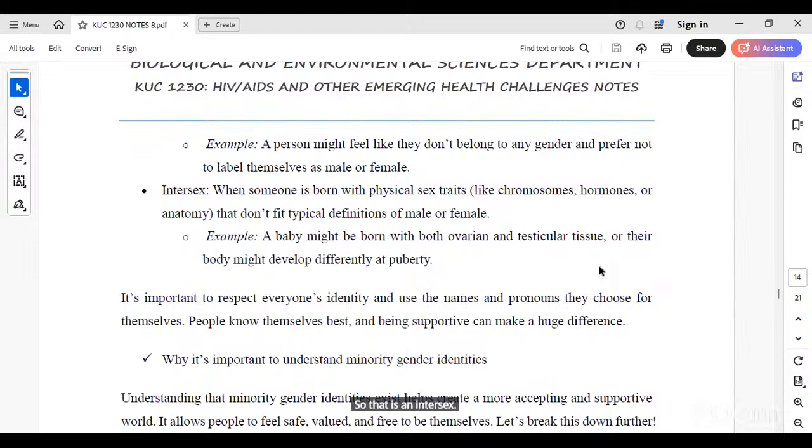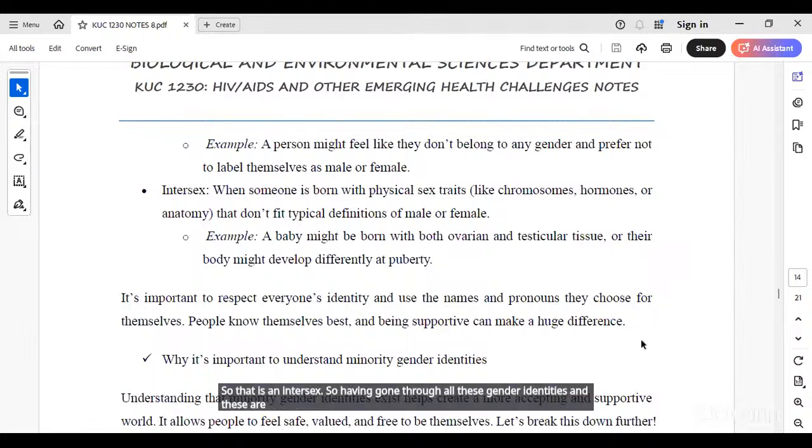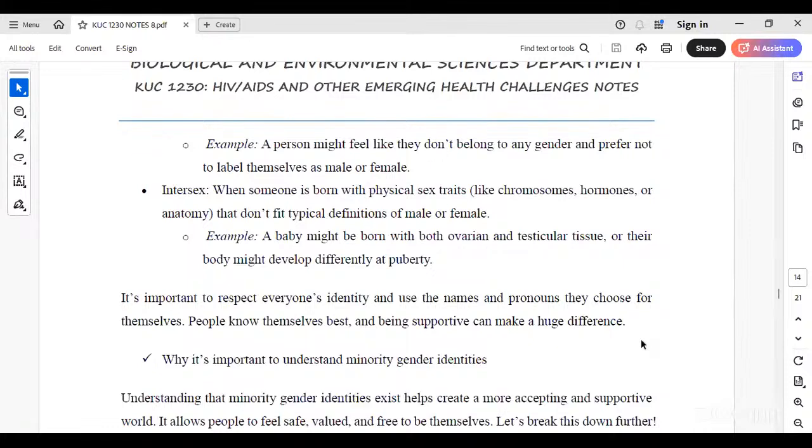So having gone through all these gender identities, and these are minorities because wanakuwa wachache kuliko watu wengine wengi, it is important to respect everyone's identity. So when someone chooses to be transgender, respect that. Okay. And by respecting their identity, it comes with the pronouns.